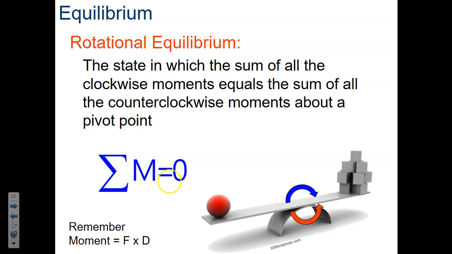I'm used to using the term torque. They're identical. They mean the same thing. So my clockwise torques have to balance out with my counterclockwise torques, and everything has to cancel out. If you took honors topics in physics last year, we talked about torques and torques canceling, so you've got a leg up.